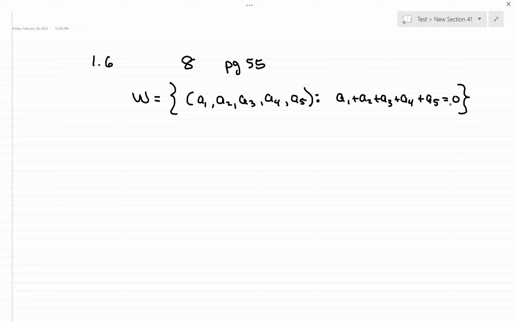Then it gives you 8 different vectors. The vectors generate W. So vectors U1, 2, 3, 4, 5, 6, 7, and 8.